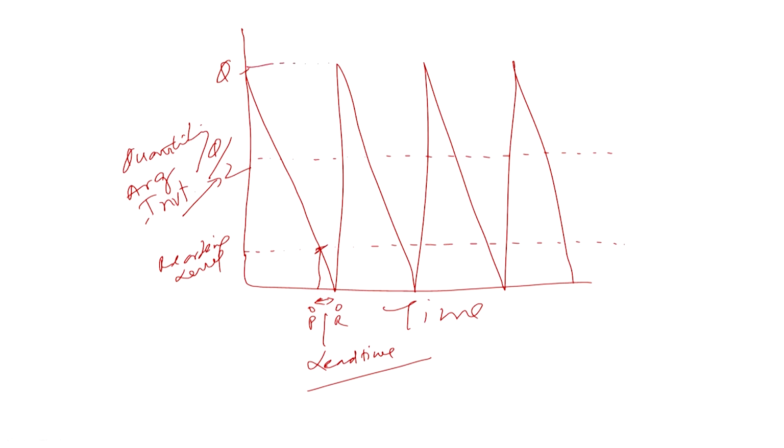If you close this highest level, that is Q, you would say this line is the supply line, and this line is the usage line.